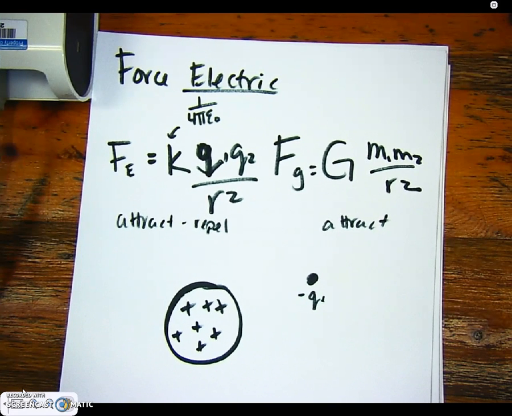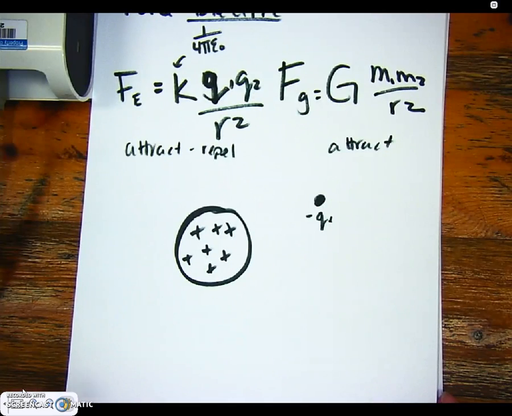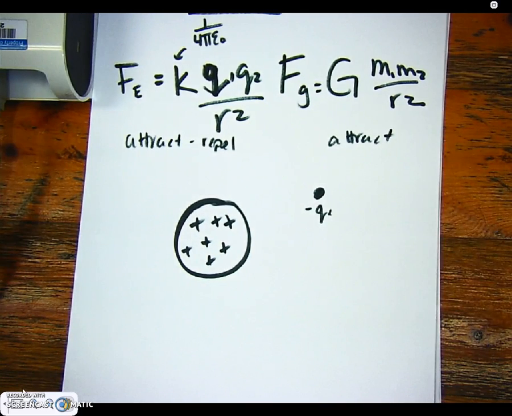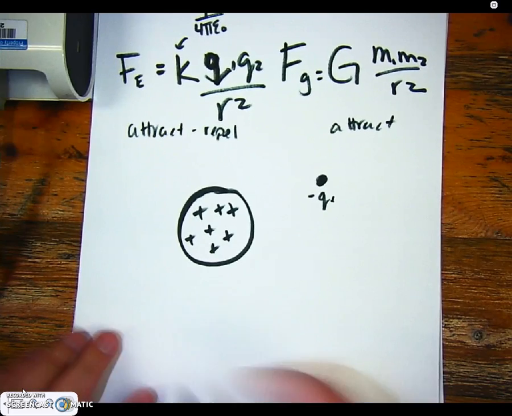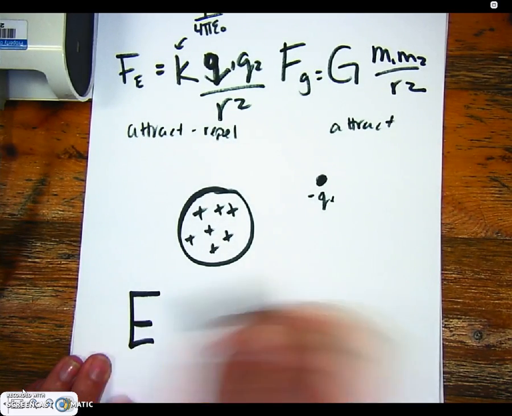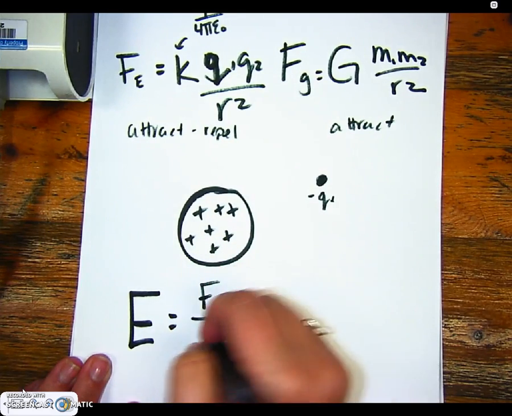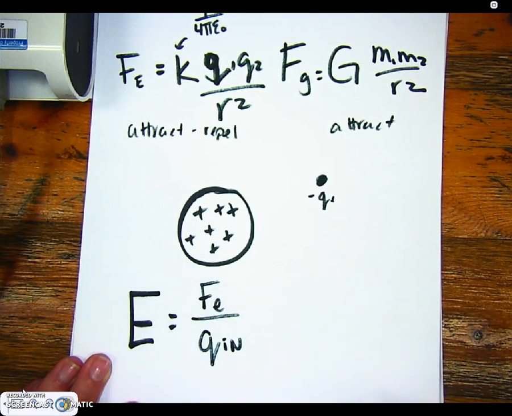I mentioned that these were field forces. That means there's a region of space around the outside of this sphere where, if a charge were to go into it, a force would act on it. So we define the electric field as the electric force on some charge in that field.